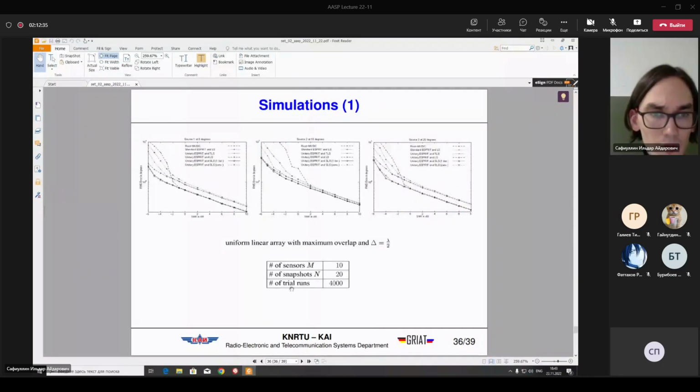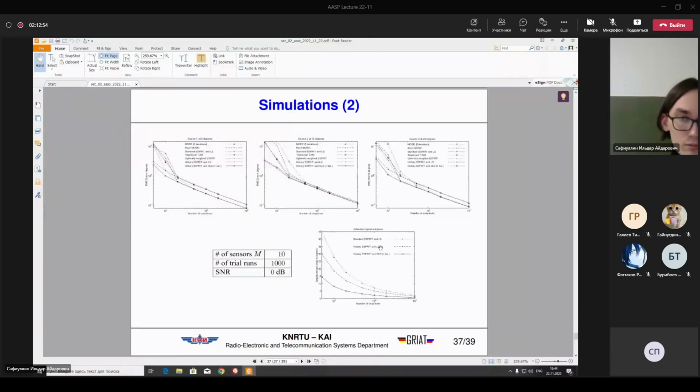I think, no, in this case trial runs means not the number of iterations for SLS, it is the overall number of simulations to get this root mean square error. Here it is approximately the same simulation, but we change the number of time snapshots.